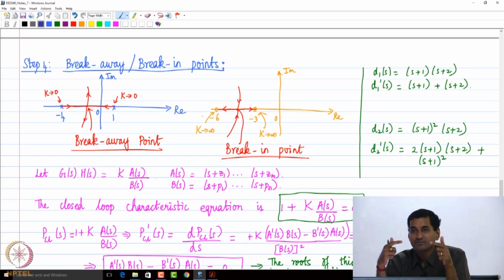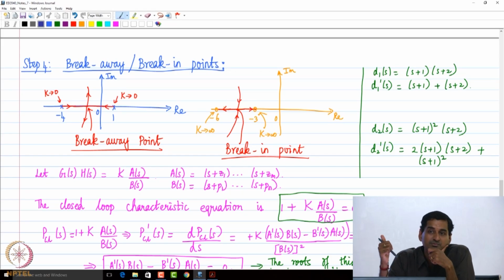When two branches intersect, each branch represents one closed loop pole, so you are going to have a common repeating root at that point. When a polynomial has a repeating root with multiplicity greater than 1, you are assured that the first derivative is going to be 0. That's why we are differentiating the closed loop characteristic polynomial, to be more accurate.